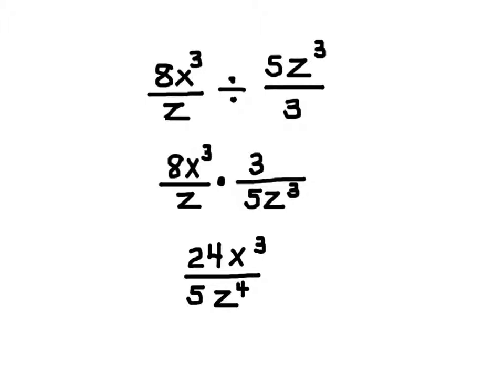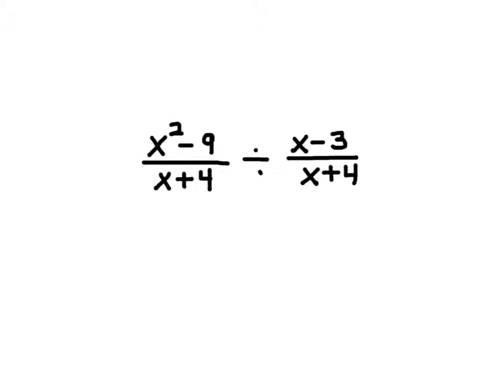We add exponents. So there's our final expression. The key here is when dividing rational expressions, change the division to multiplication and rewrite the second rational expression as its reciprocal.